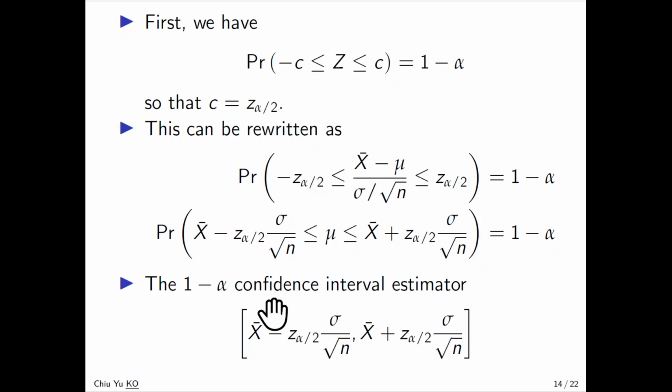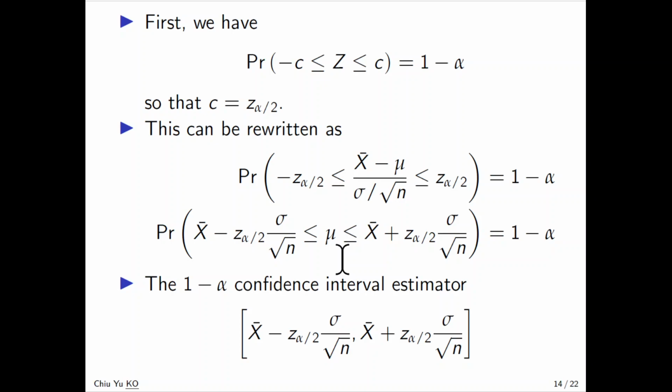That's why we call this an interval estimator. The meaning of this is that, on average, there will be a 1 minus alpha probability that our estimator will include mu. Remember mu is unknown, but it's not probabilistic.